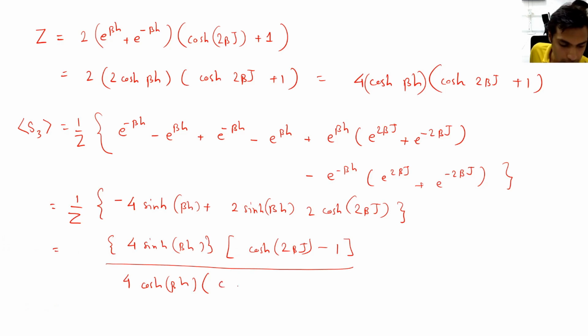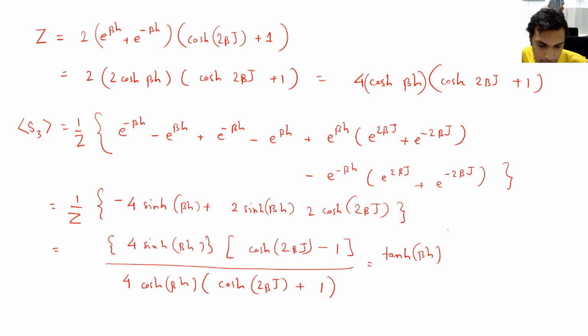This is cos hyperbolic 2 beta j plus 1. So this 4 cancels this 4. We have tan hyperbolic beta h.